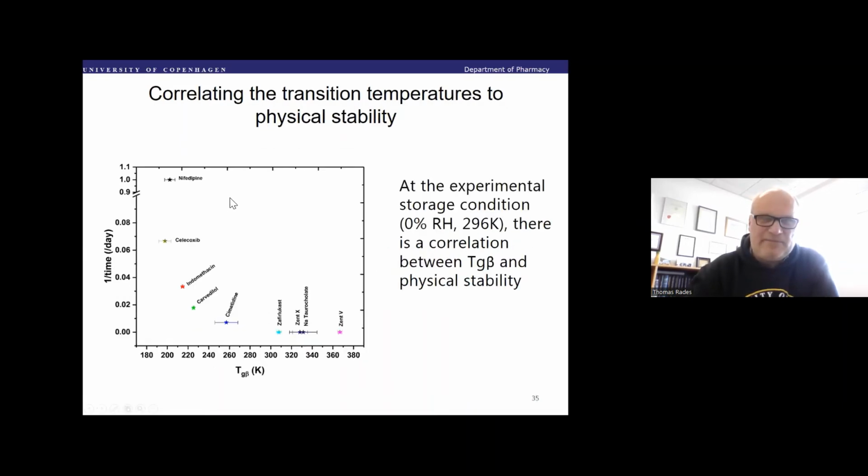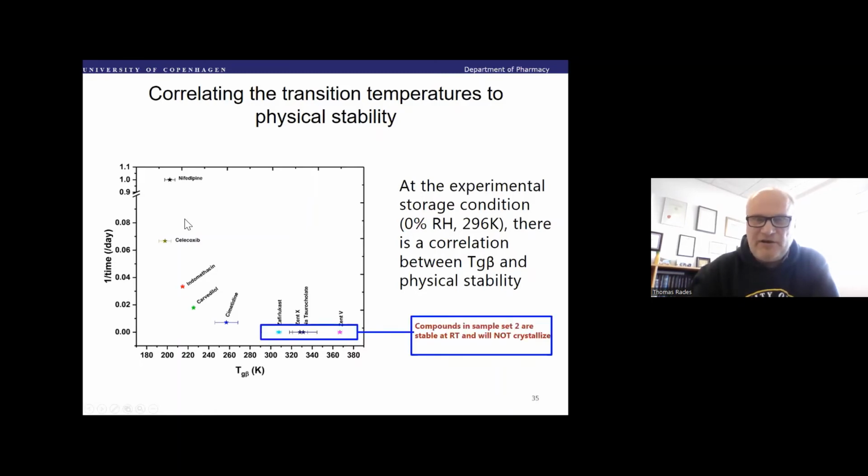The system looks a bit more interesting when we look at the beta relaxation. For the drugs that we investigated, we could find a correlation. If the beta relaxation is lower than the storage temperature, we have never seen the drugs crystallizing under these conditions. So we believe that a drug stored below its beta relaxation temperature will be stable.